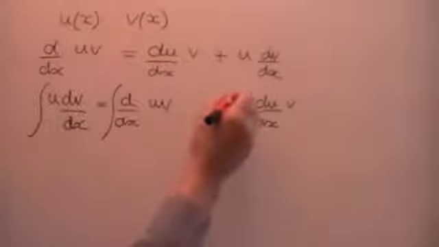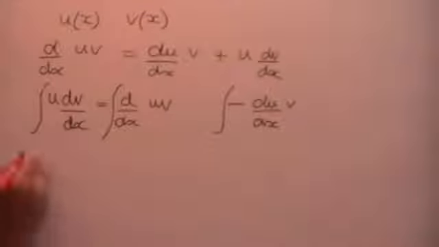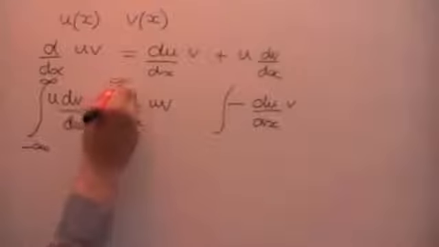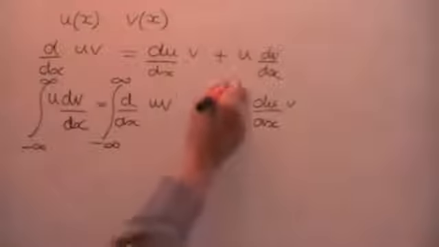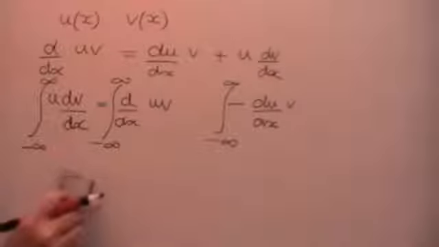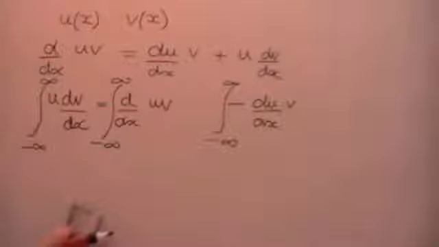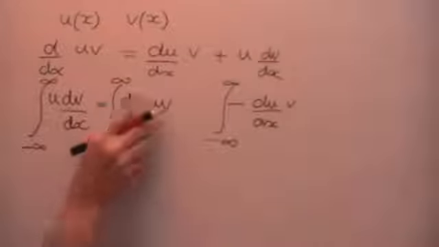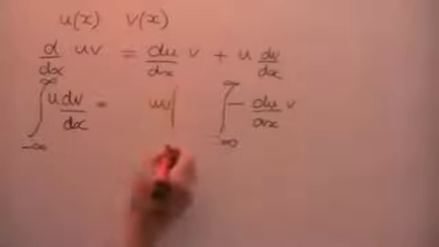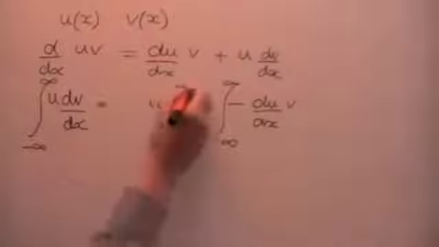And normally, of course, you integrate from minus infinity to infinity, unless you know otherwise. But I want to draw your attention to this term here. This is the integral of a differential. Well, if you integrate from minus infinity to infinity of a differential, that is simply the original term evaluated from minus infinity to infinity.